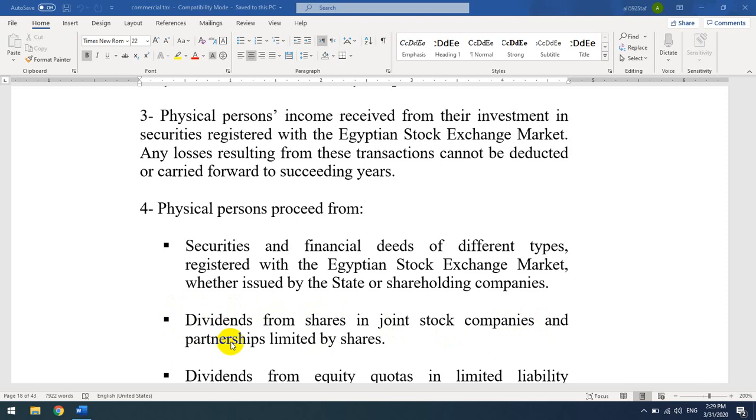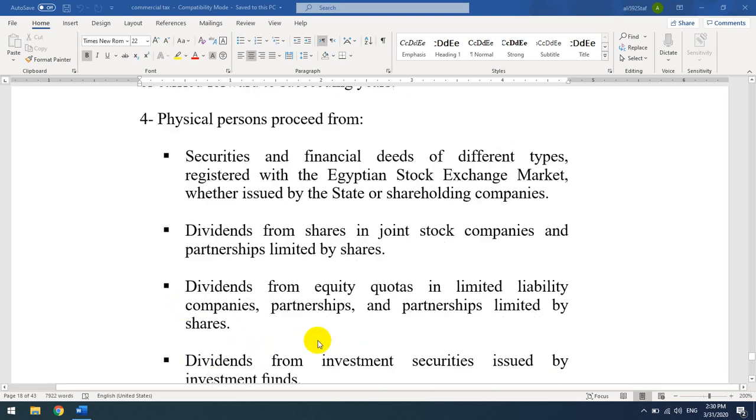So dividends represent the profit after tax. To avoid the double taxation principle, these dividends are not accepted to be subject to the tax once again. So it is exempted from the tax.